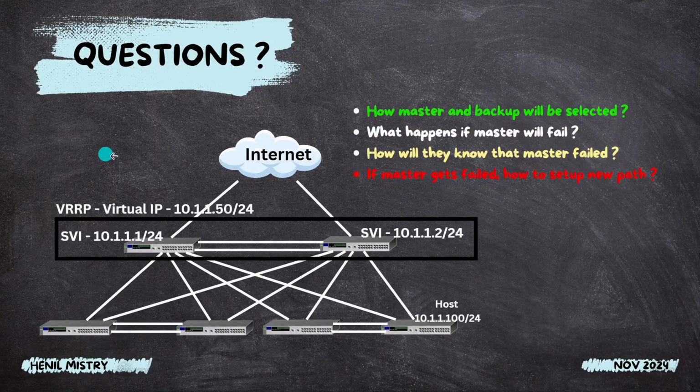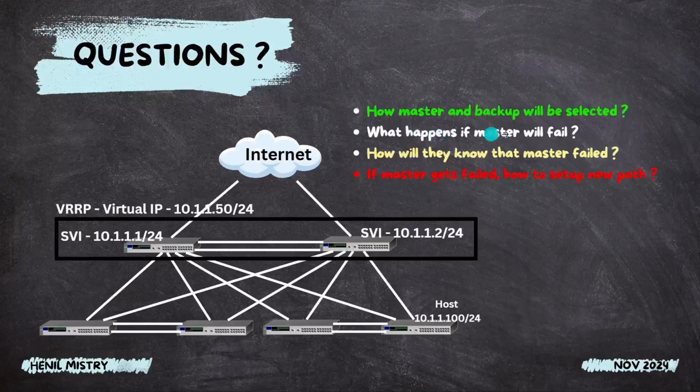So after knowing how VRRP works, there are a few questions that you may ask, or right now we are not in direct interaction, so there are a few questions that I have noted down that you must know the answer to. The first question is how master and backup will be selected, that is, how VRRP elects the master and backup.